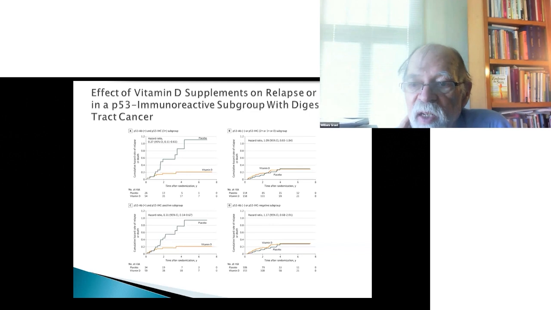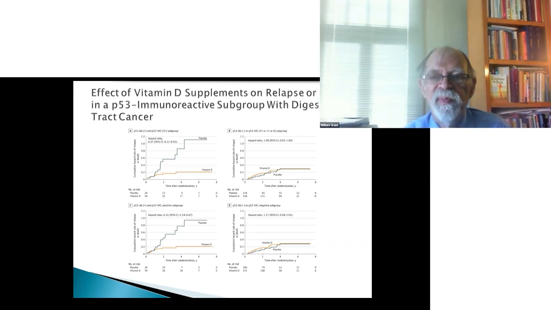And if you look at those without the P53 effect on the right, vitamin D didn't have any effect. So what this is about, finding about a 16% reduction in mortality rate due to vitamin D supplementation and having the P53 effect being deleted.